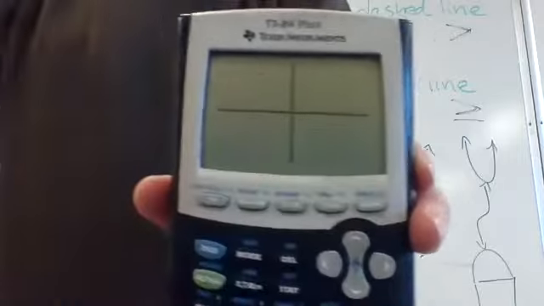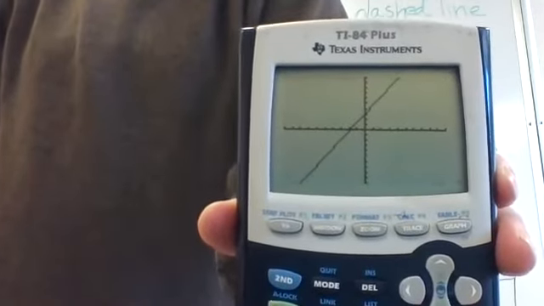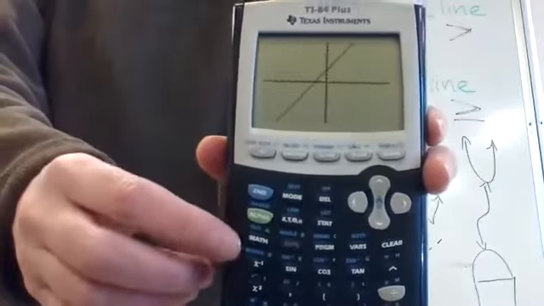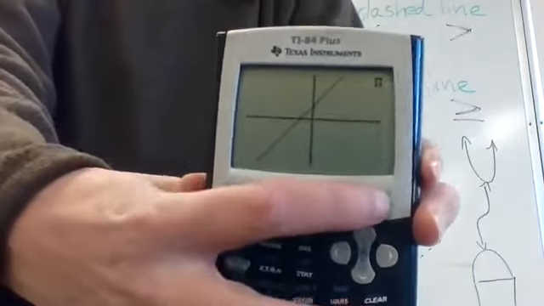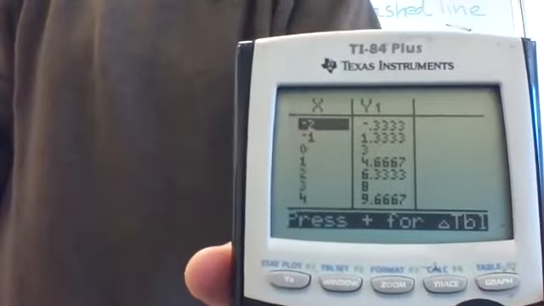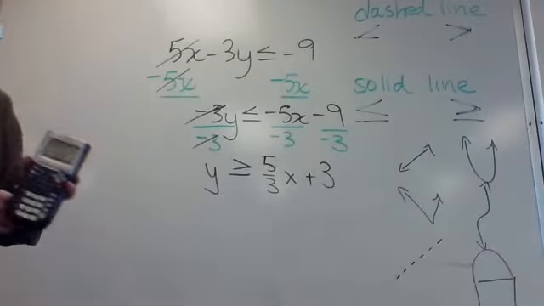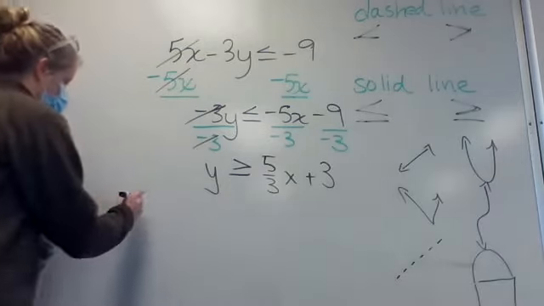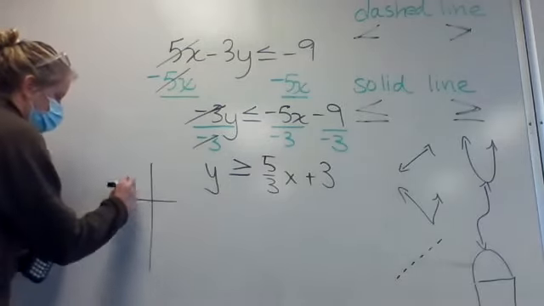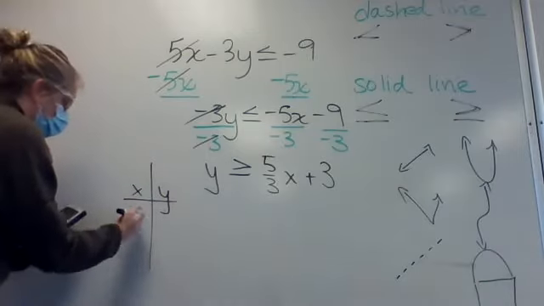And again, I always like to hit graph just to see what it's going to look like. And then hit second graph again, and just avoid all those points where your y is some crazy decimals. So let's see, 0, 3.